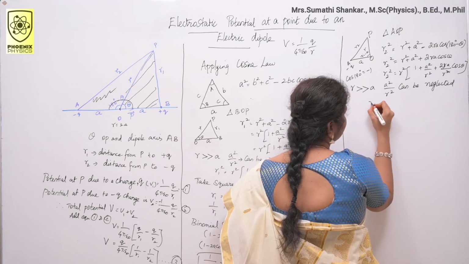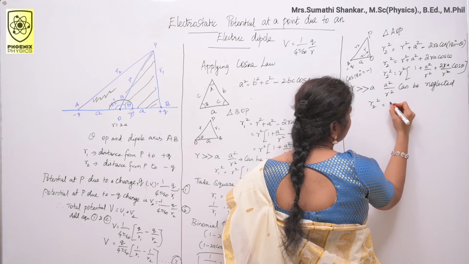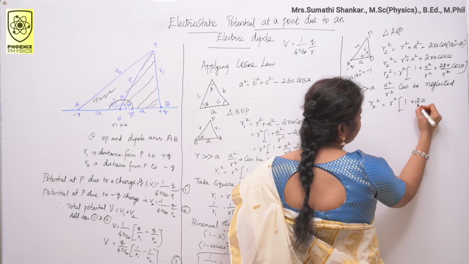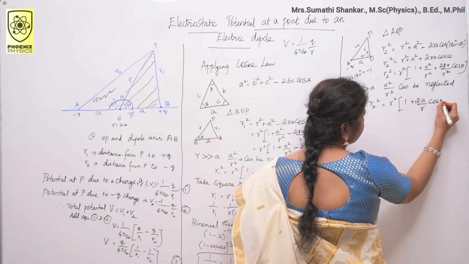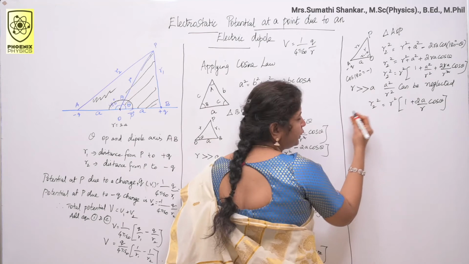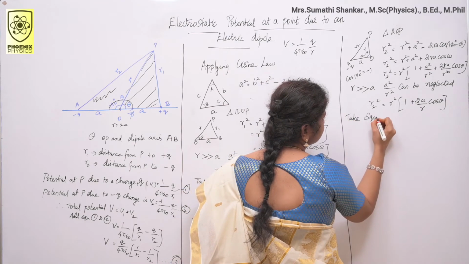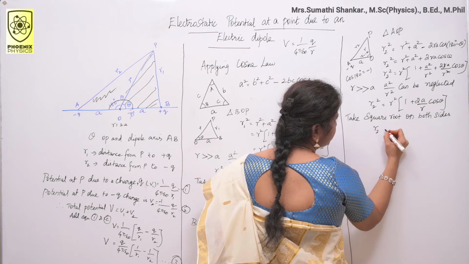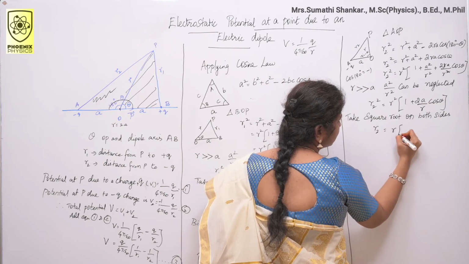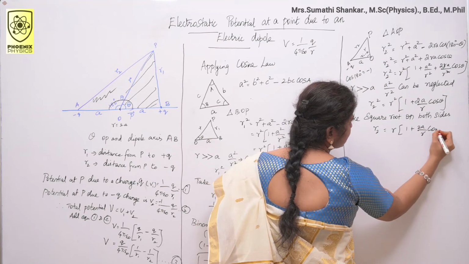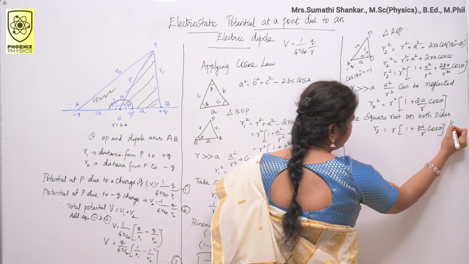So the remaining term, r2 square is equal to r square, 1 plus 2a by r cos theta. Now take the square root on both sides. So r2 is equal to r, 1 plus 2a by r cos theta, the whole power 1 by 2.